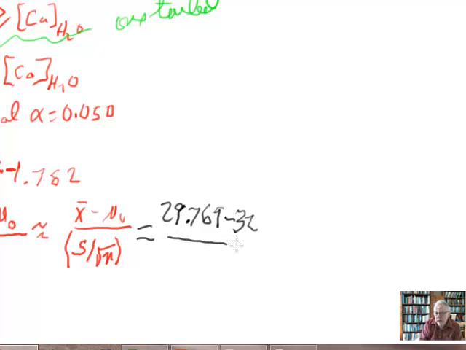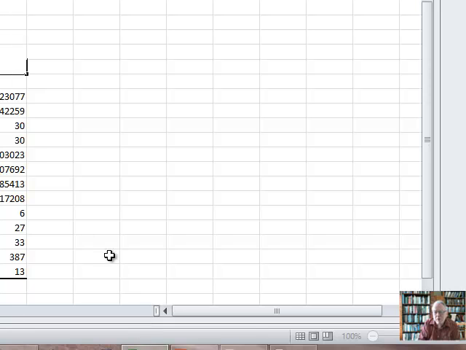And I'll divide that by the standard error, which is what this quantity is. That's the standard error, abbreviated SE. It's calculated for me over here, 0.4955.